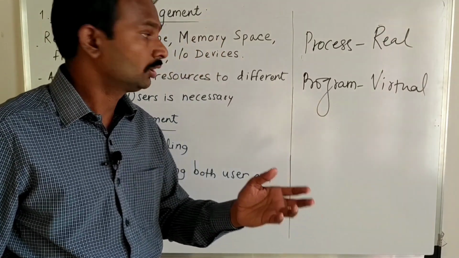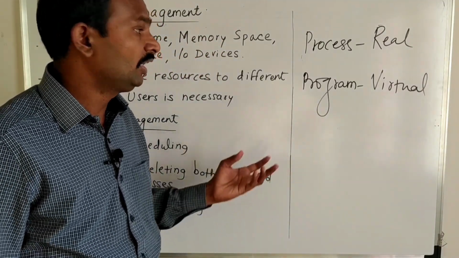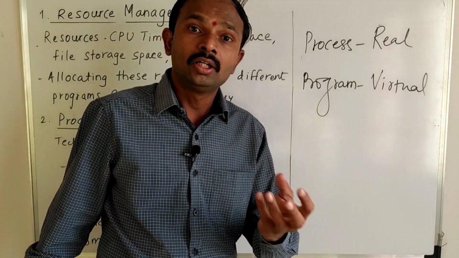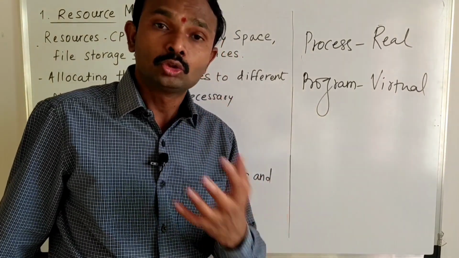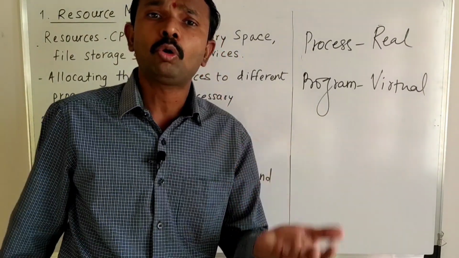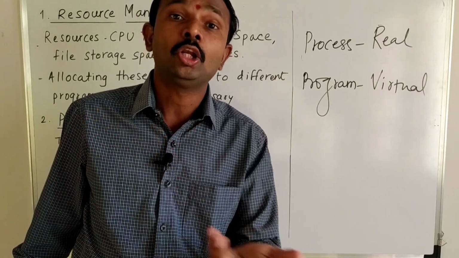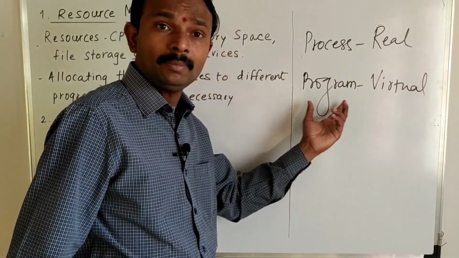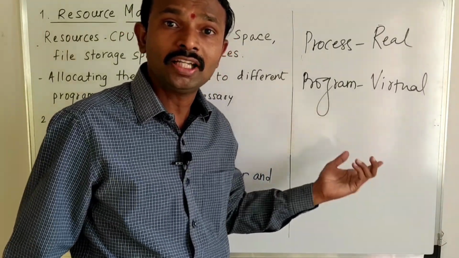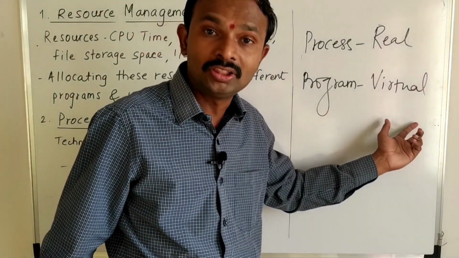Actually, when we interact with some application software, let us say we are interacting with Turbo C, while interacting with Turbo C, we are writing a program to display a message, hello world. And this is the program that we really see. And now you are telling me that the program is a virtual thing.